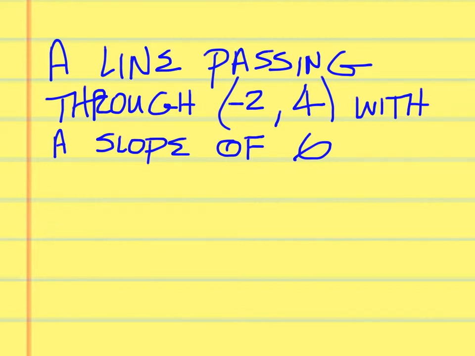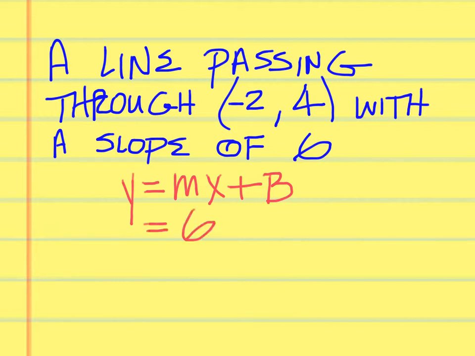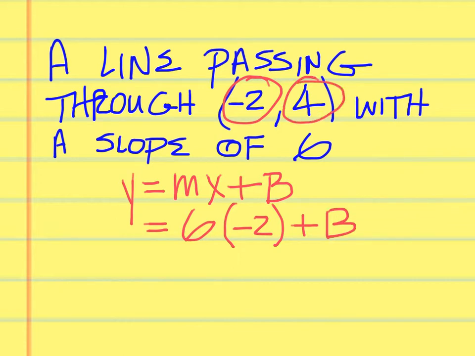We want to find the equation of the line passing through negative 2, 4 with a slope of 6. So y equals mx plus b is what you use. And you know that the slope is 6, so you put that there. And the x value from here is negative 2. We don't know b. We do know that y is 4. Using that equation, solve for b.